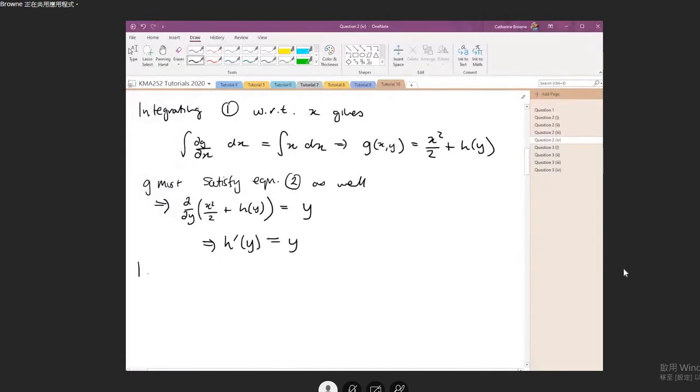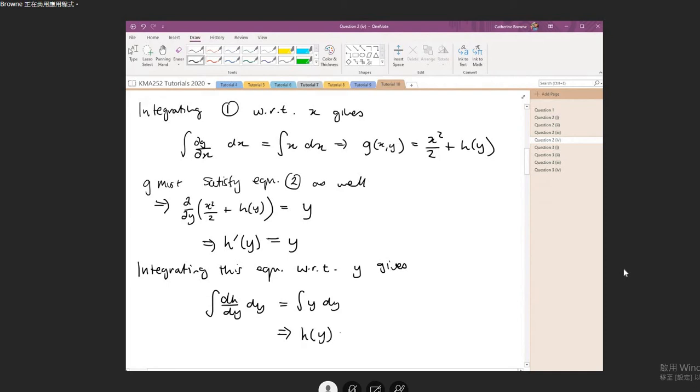And so now again, if we integrate this with respect to y, dh dy dy is equal to y dy. So that implies that h of y is equal to y squared on 2 plus k.